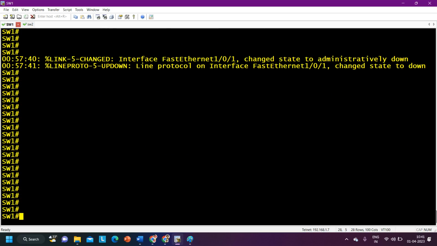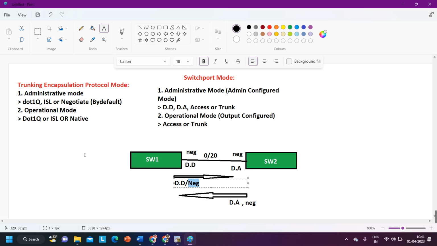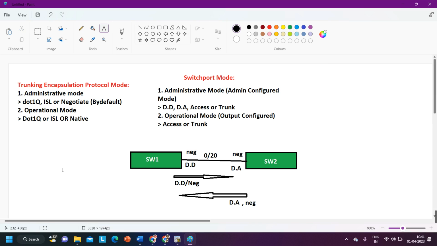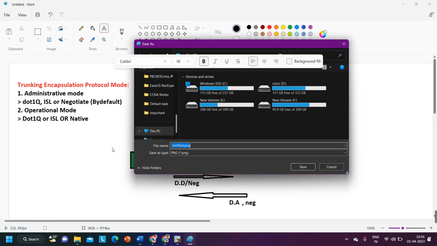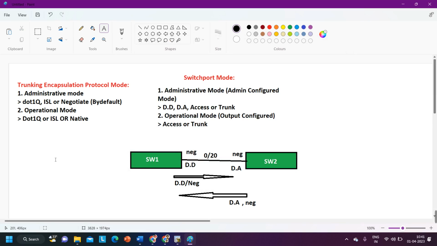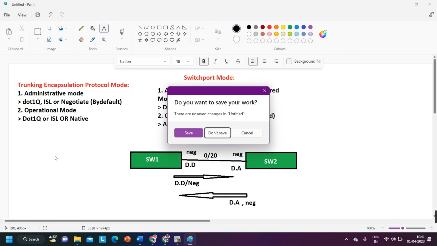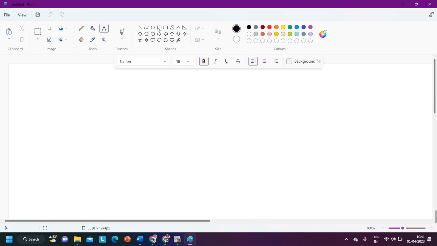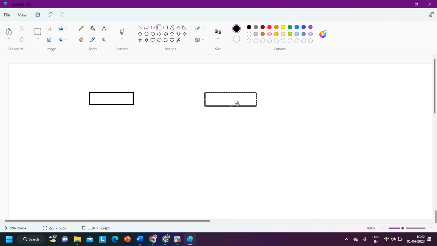Yes, and this time guys, what is happening over here? Let me show you. Let me make another diagram over here. Switch 1, switch 2. On switch number 1 I have disabled DTP.